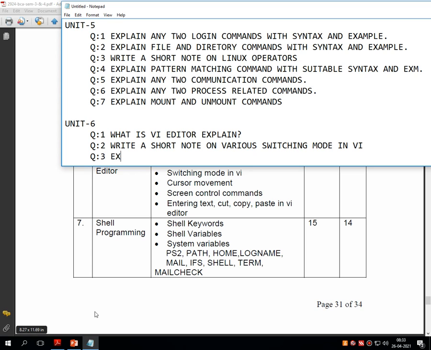Question number 3. Explain how to cut, copy and paste in Linux.